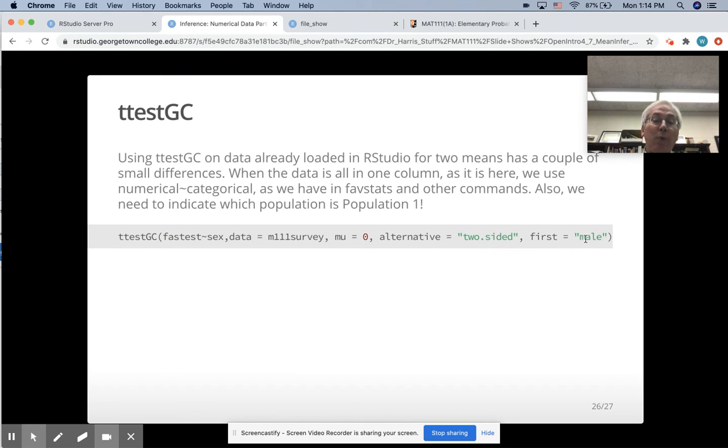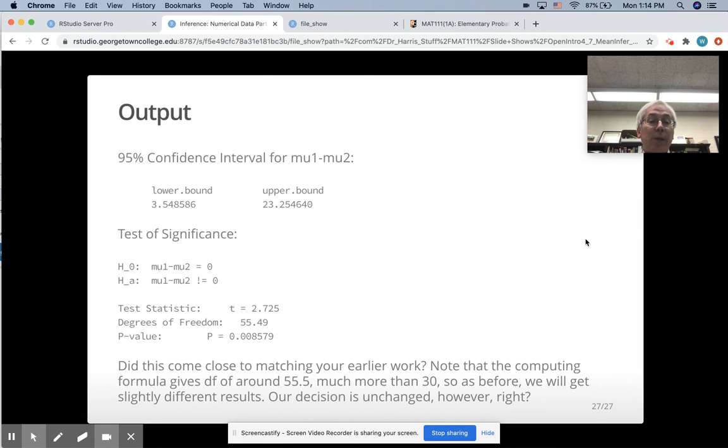And as before, we're going to need to specify which group we're considering to be population 1. Here we chose it to be the men. So male is the entry for men in the sex column on the M111 survey. So we put first equals male here. Again, I could include graph equals true if I wanted to include that graphical output. And so here's the output that you would get from running t-test GC.